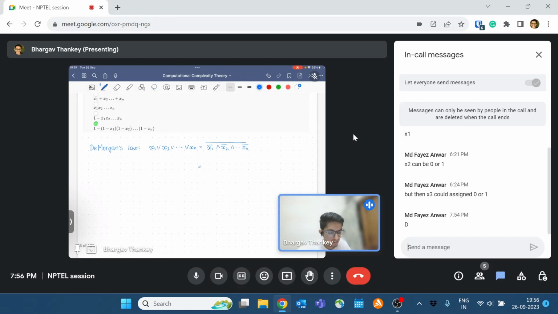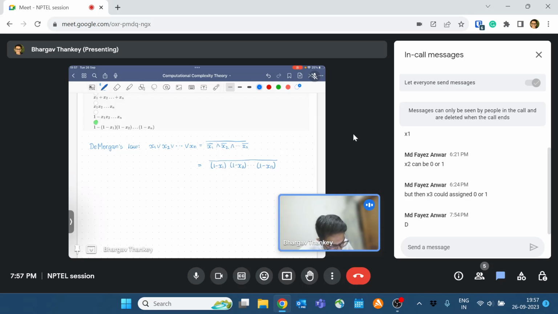Now we know that not x1 is the same as 1 minus x1. Not x2 is the same as 1 minus x2, and AND is just a product, right? So this thing is the same as this product, but there is still this complement outside. The complement is just a not of this thing, right?